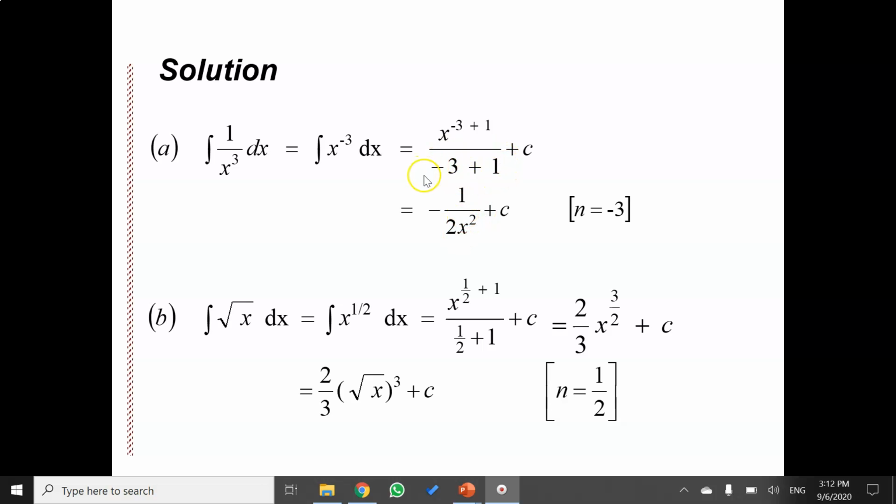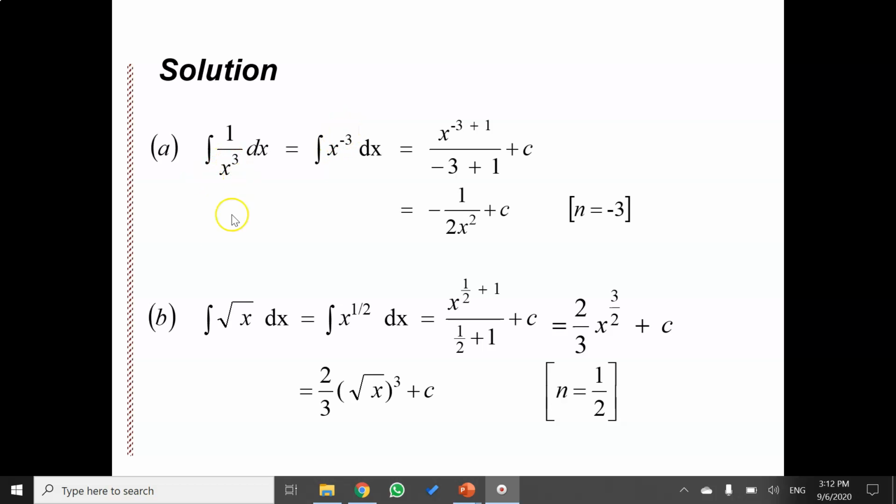Over here you have negative 3 plus 1, so you get negative 2. And plus c. And remember here you have n equal to negative 3. So your n is actually equal to negative 3. This is your n, right? In this case, your n is negative 3, the power.